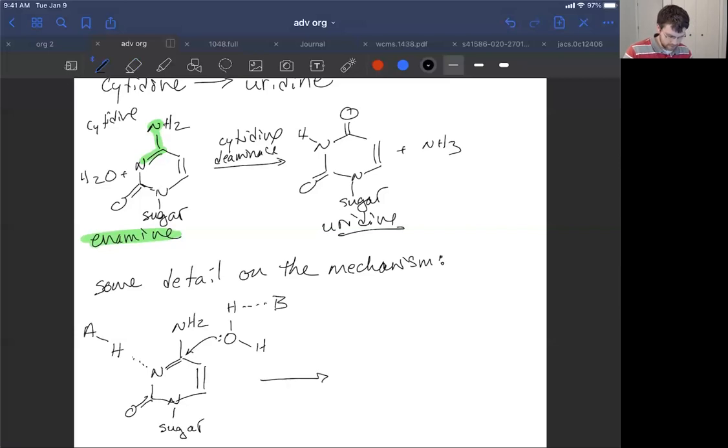And so what happens is that adds there to there, and we could use either the lone pair or the sigma bond to provide the source of electrons for nucleophile addition.